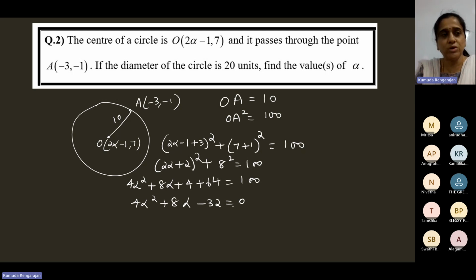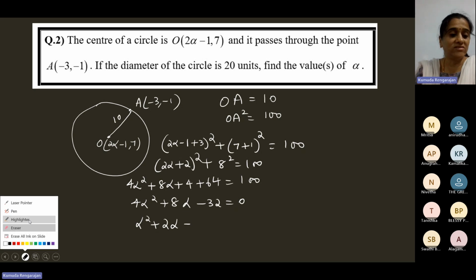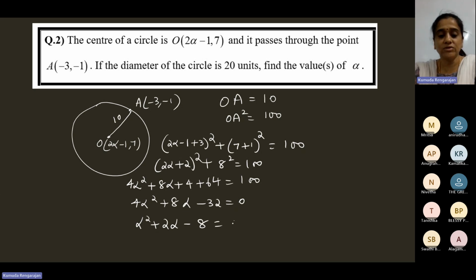Now simplify the equation by dividing throughout by 4. So alpha squared plus 2 alpha minus 8, 4 eights are 32, is equal to 0. What are the two numbers to split the middle term? 4 and 2.